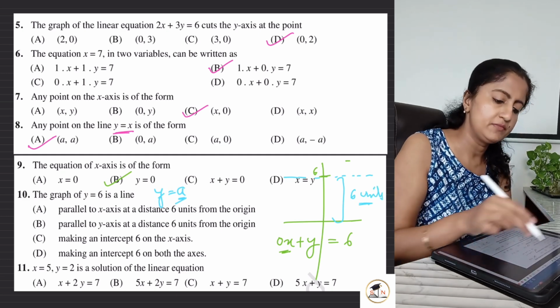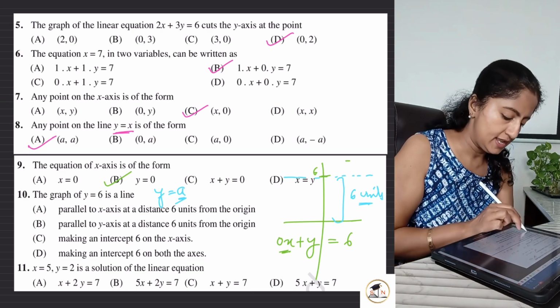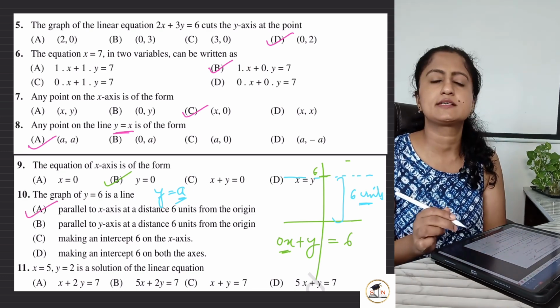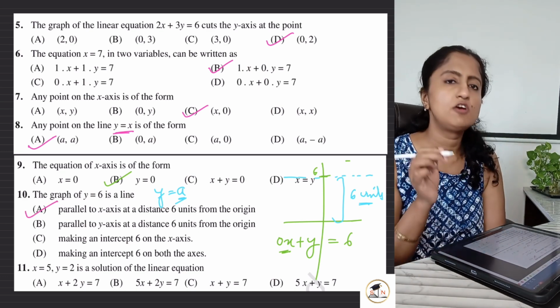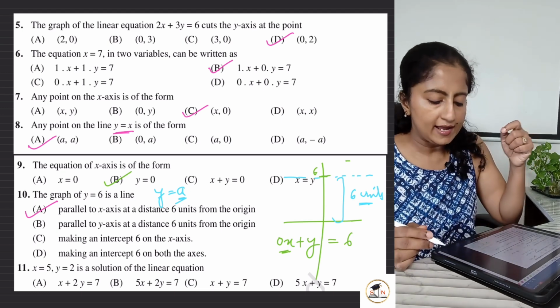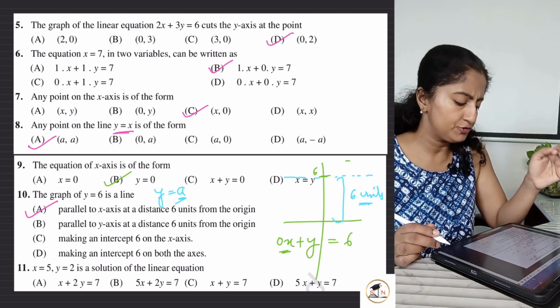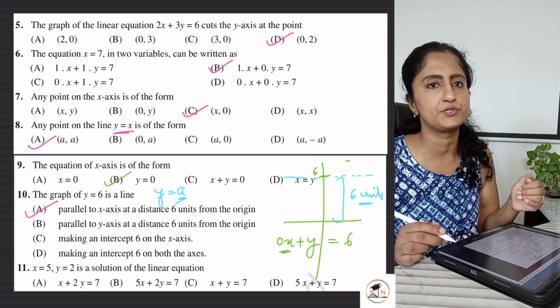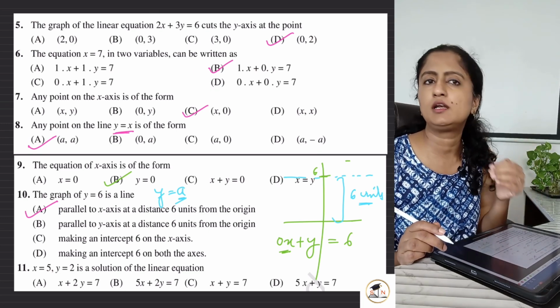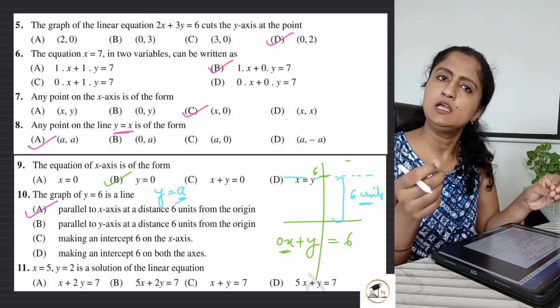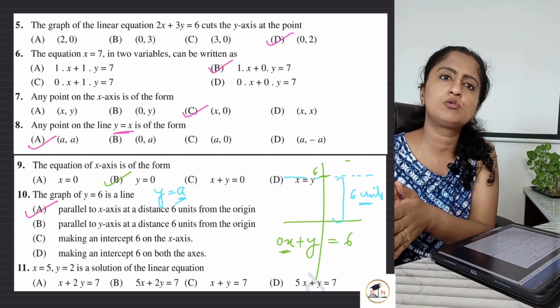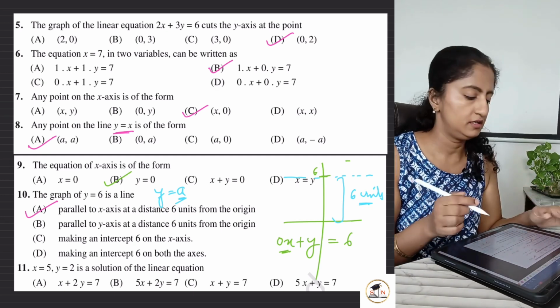This is what they are claiming. So the answer is option A, parallel to the x-axis at a distance 6 units from the origin. I have explained it so well that you don't even need to read the remaining options. So when such a question comes, if you feel even a little confusion, quickly draw a Cartesian plane graph and you can answer it, right?